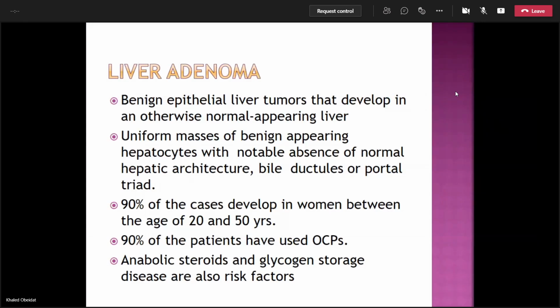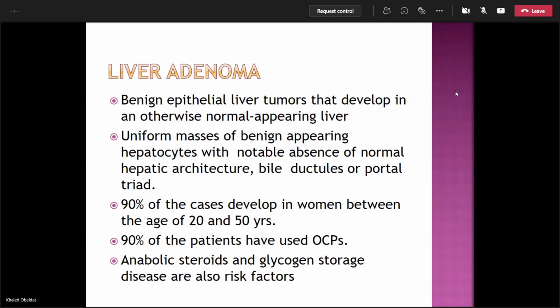Another benign liver tumor is adenoma. Here we have benign appearing liver cells with the absence of portal triad or bile ductules. It is more common in females.